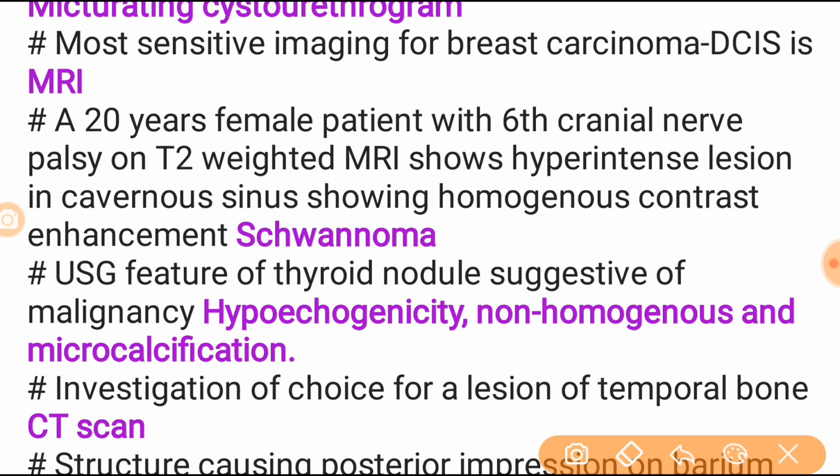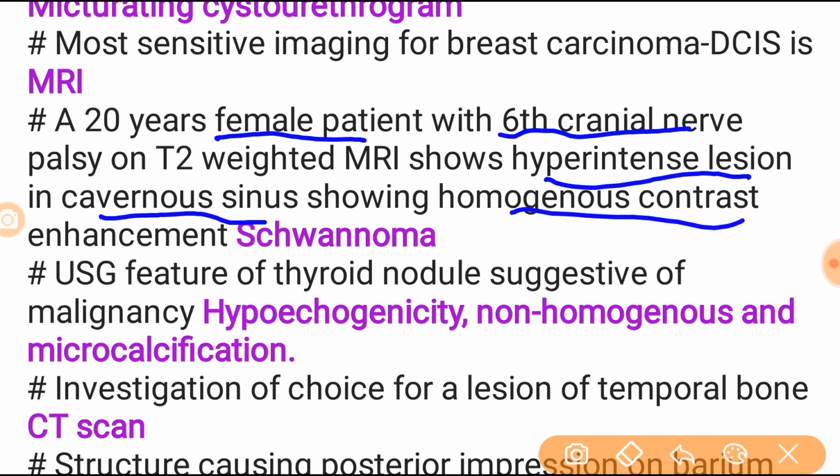The most important things here are female patient, 6th cranial nerve and hyperintense lesion in the cavernous sinus with homogeneous contrast. The most probable answer goes towards schwannoma.